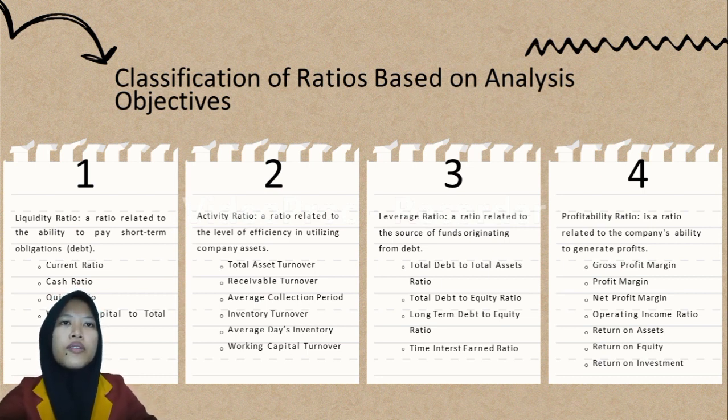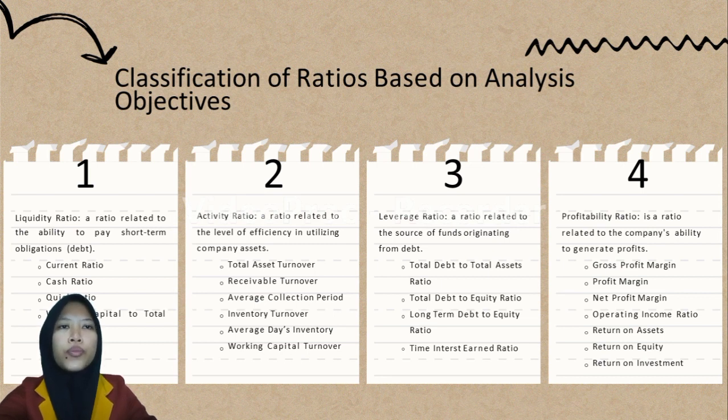Next, classification of ratios based on analysis objective. 1. Liquidity ratio. A ratio related to the ability to pay short-term obligation. Current ratio, cash ratio, quick ratio, working capital to total asset ratio. 2.